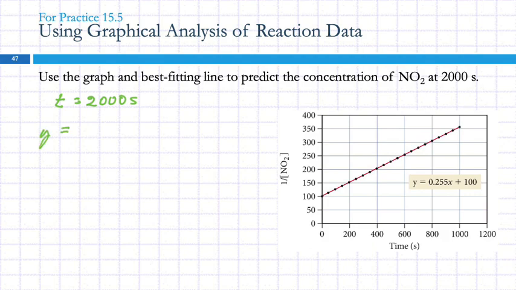So y, the y variable, is equal to 1 over the concentration, and that is equal to 0.255 molarity inverse seconds inverse times the 2,000 seconds plus 100.